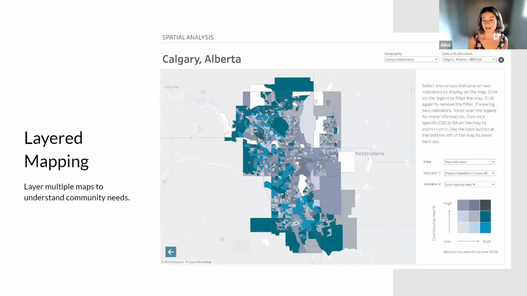If you wanted to understand where we have the lowest median income and the highest core housing need, we can pick out exactly where we might target a new affordable housing build, or where we might target prevention programming for folks that might be at risk of social challenges, or where we might target children's services and mobile family services as well. It gives you that at-a-glance look at what's happening in the community, so you can make better programming and policy decisions accordingly.